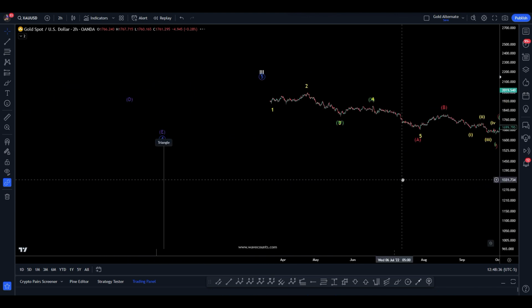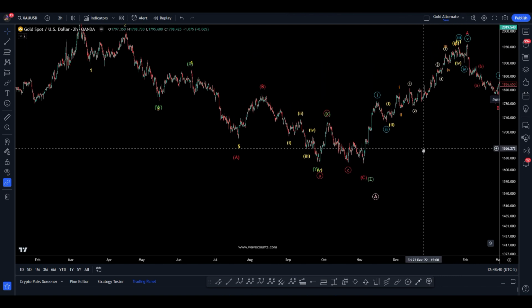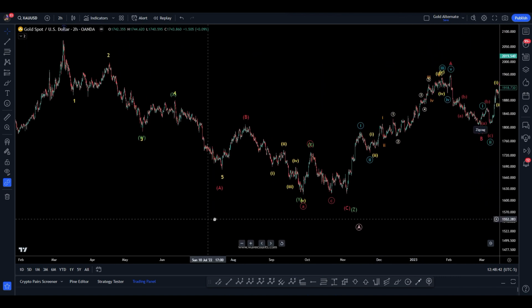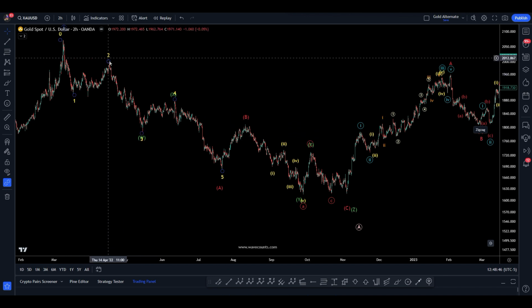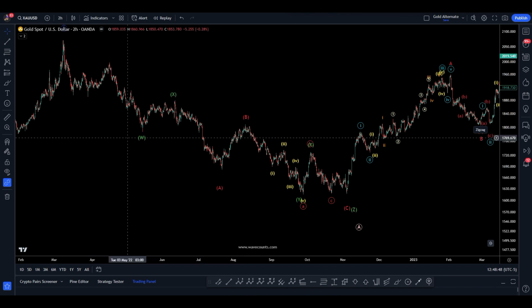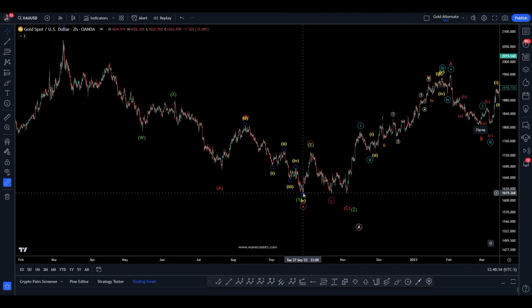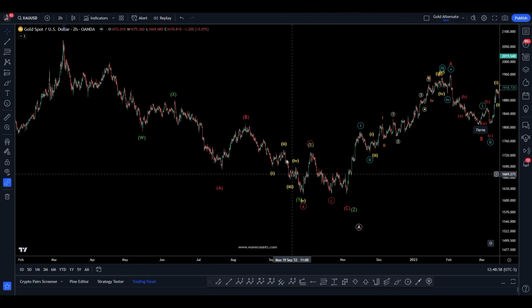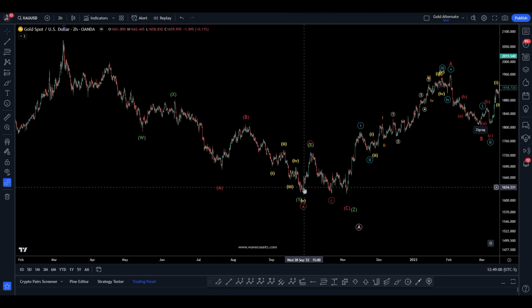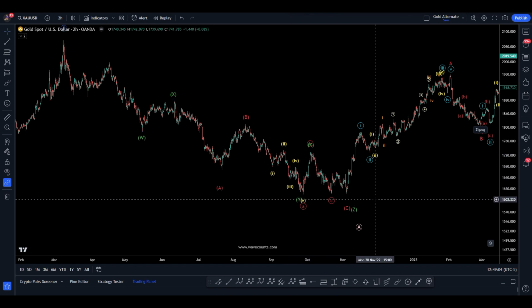Let me come back over here to show you how this is a triple zigzag, and it's not pretty, but it's there, okay? So you have zigzag X, zigzag, okay, because that's an impulse, that's a diagonal, zigzag for Y, but then you have to contend with these two, right?